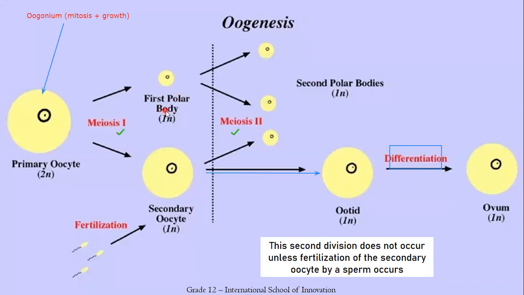The other one, which will degenerate later on, is called a polar body. It will be degenerated by the body. So we only get one secondary oocyte. Same thing, the secondary oocyte finishes meiosis 2. We will get one polar body that will be lost and only one ootid.